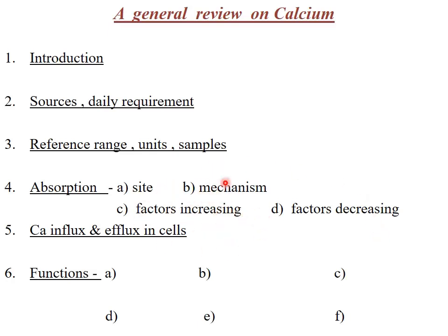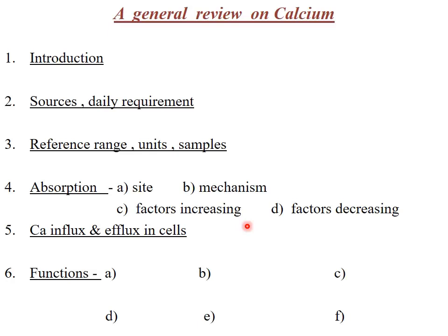How does it do so? Vitamin D binds to the nuclear receptor, and then this receptor complex attaches to the DNA, increases the transcription and finally enhances the gene expression. That is, the protein synthesis is increased, particularly of this calbindin.